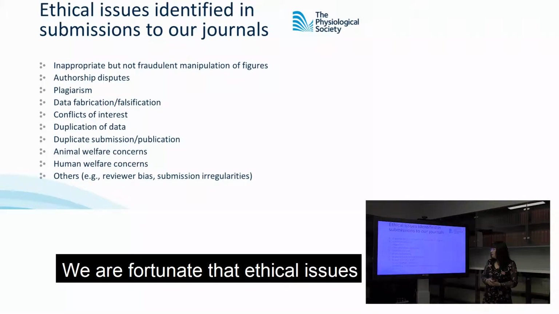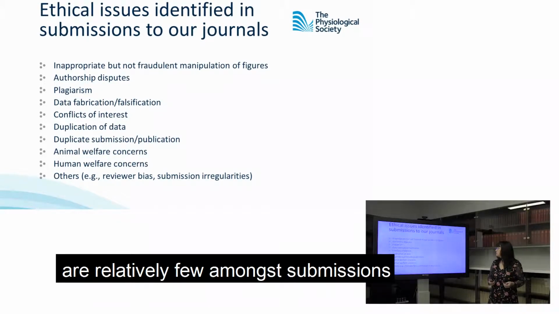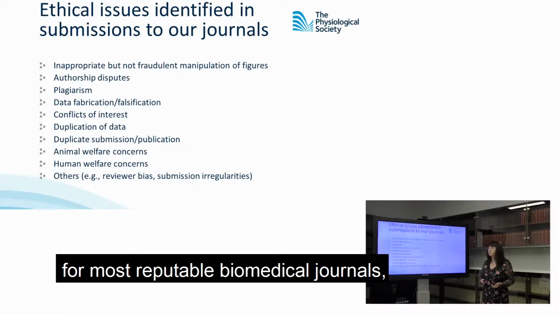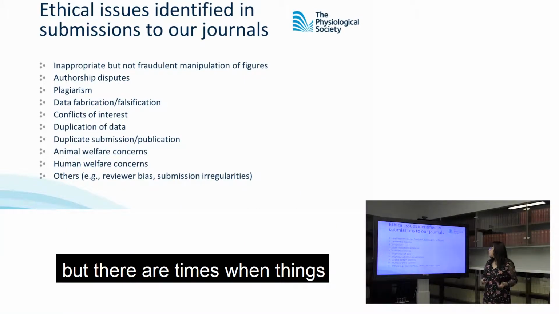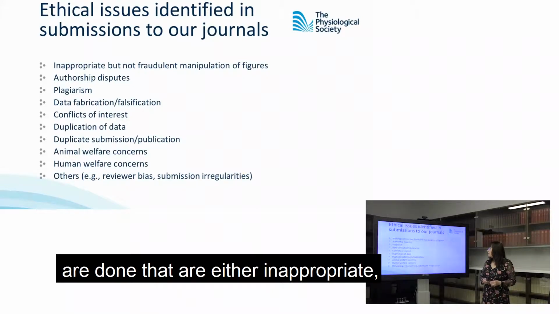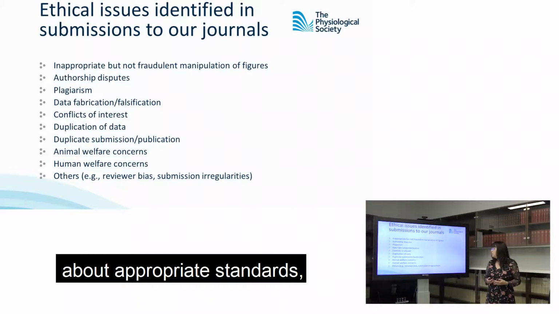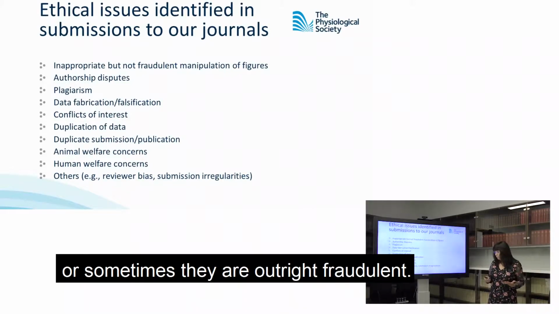We are fortunate that ethical issues are relatively few among submissions to our journals, as they are for most reputable biomedical journals, but there are times when things are done that are either inappropriate, just usually from a lack of understanding about appropriate standards, or sometimes they're outright fraudulent.